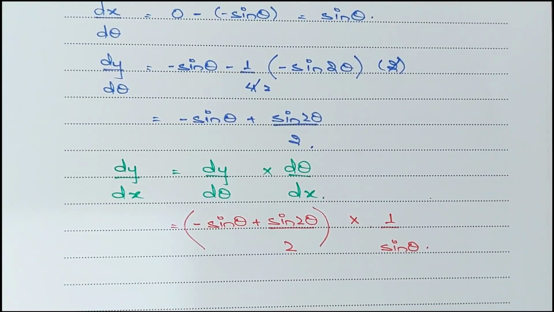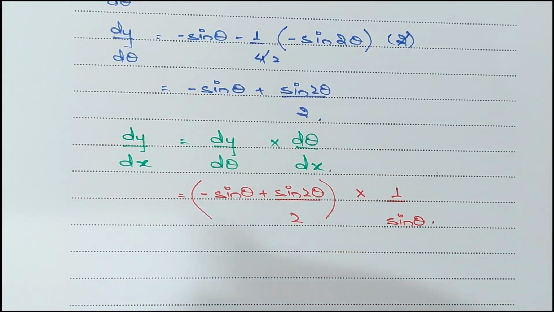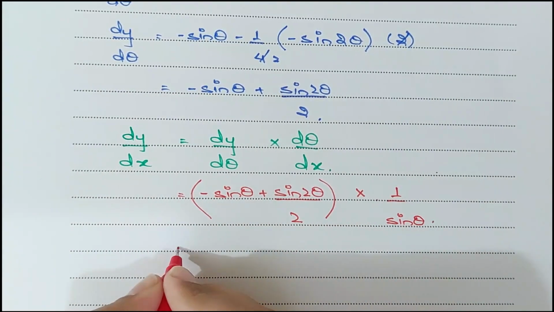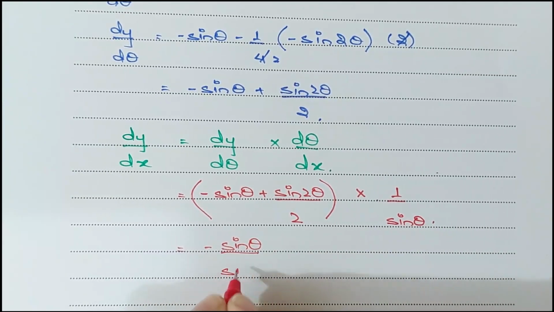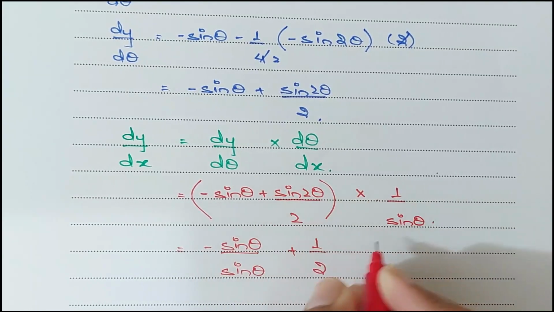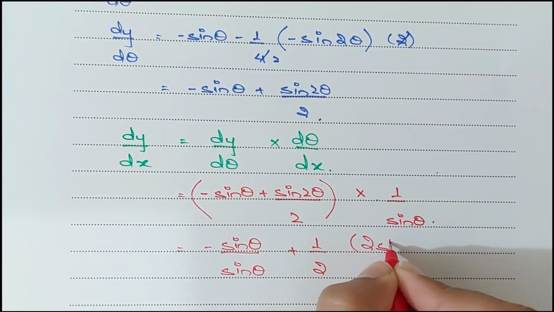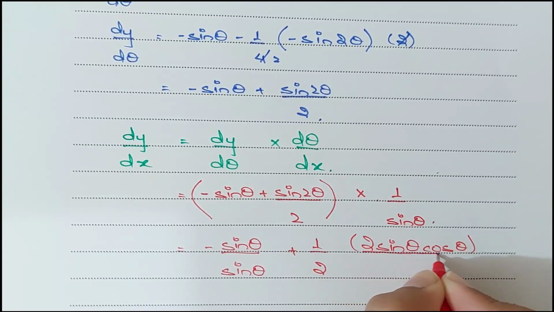Now let me divide by sine theta with both terms. We have minus sine theta over sine theta plus 1 by 2 times sine 2 theta, whose formula is 2 sine theta cos theta, over sine theta.